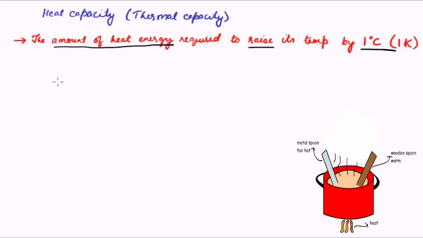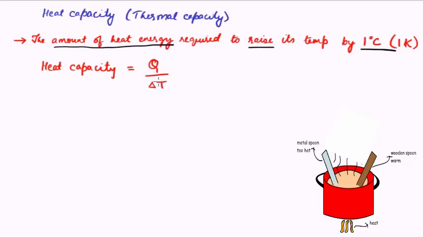Okay, now let us write the formula for heat capacity. Heat capacity of a body can be defined as the total amount of heat energy given, Q, upon the rise in temperature, delta T. Delta means the change and T represents temperature. So how much temperature change is caused by Q?